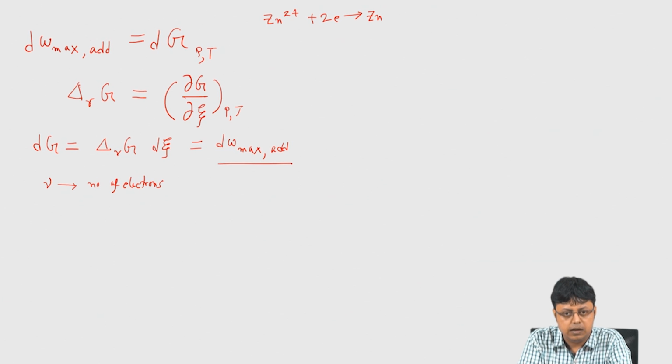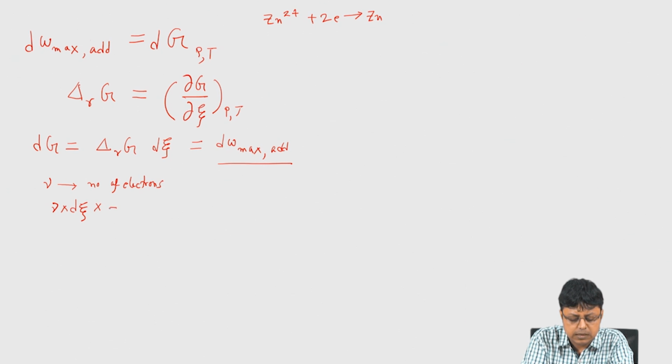Now, with nu electrons, for a desired amount of advancement, the number of electrons that got lost or gained is nu times d xi, and since each electron carries a charge of minus e, that will be the total change in charge due to advancement of the reaction by d xi.